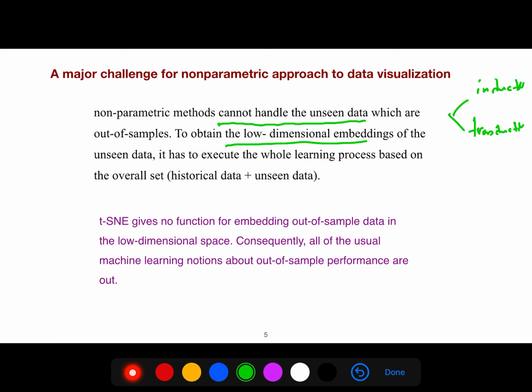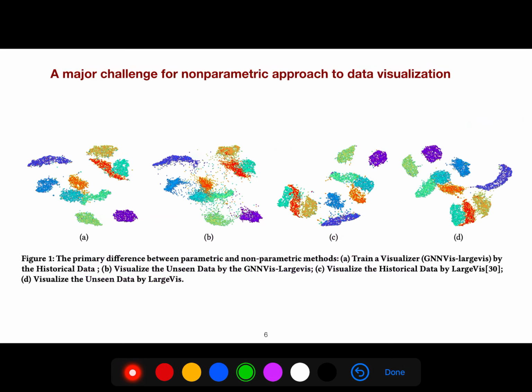To obtain a low-dimensional embedding of unseen data, it has to execute the whole learning process based on the overall set. So non-parametric t-SNE gives no function for embedding out-of-sample data in a low-dimensional space. And consequently, all the usual machine learning notions about out-of-sample performance are out.